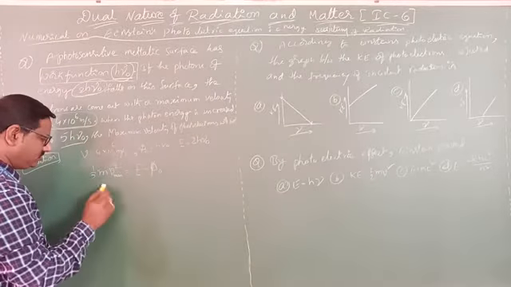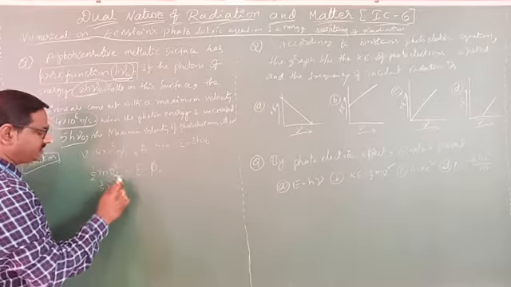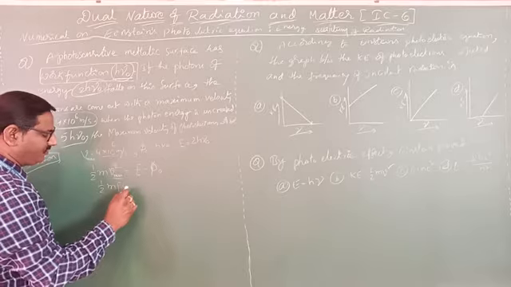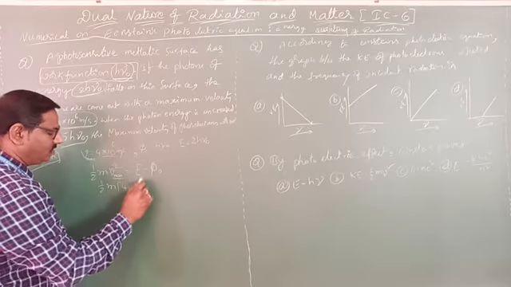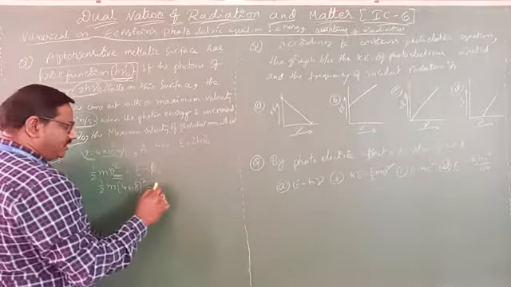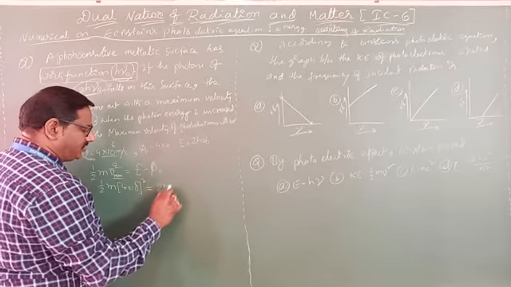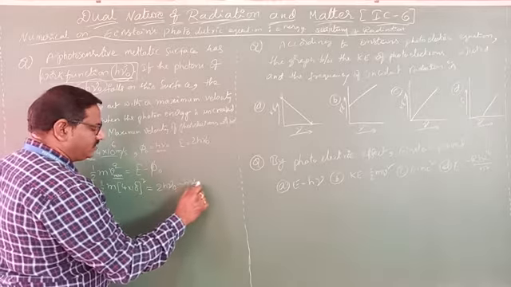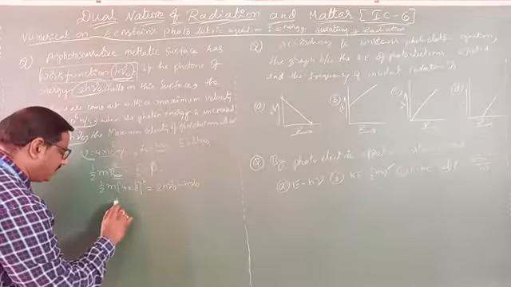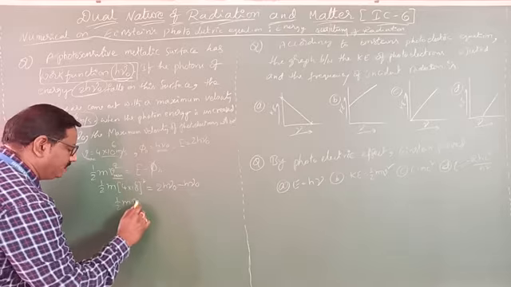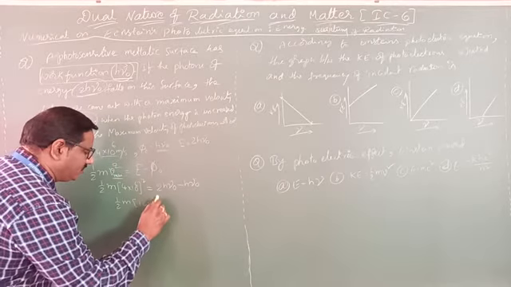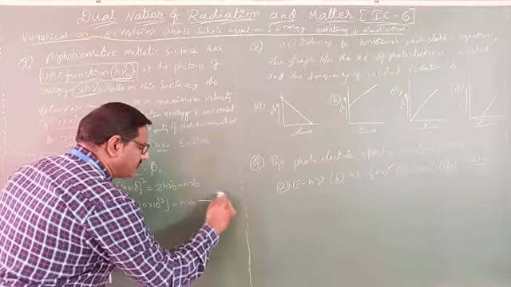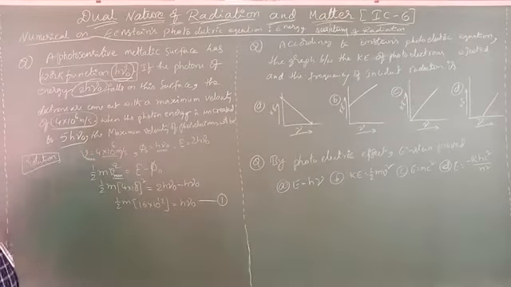Half m into 4 into 10 power 6 whole square equals 2 h nu naught minus h nu naught. So the final equation is half m into 16 into 10 power 12 equals h nu naught. This is equation number 1. Up to here is the data.